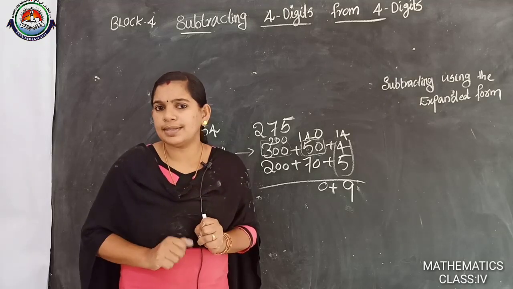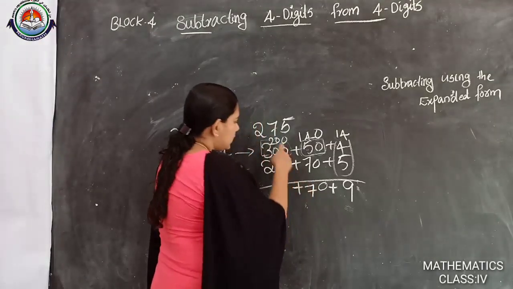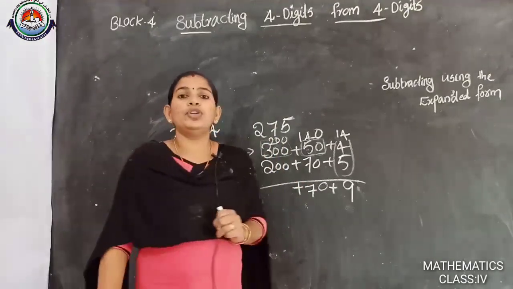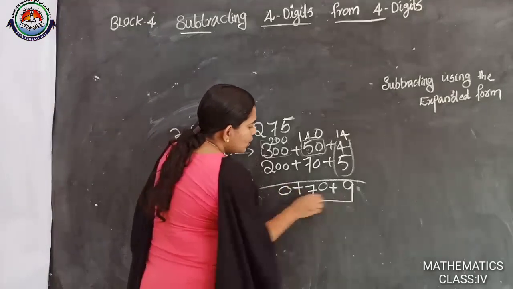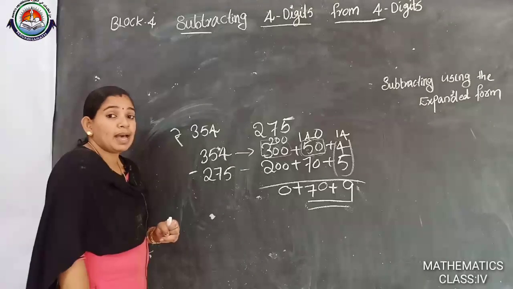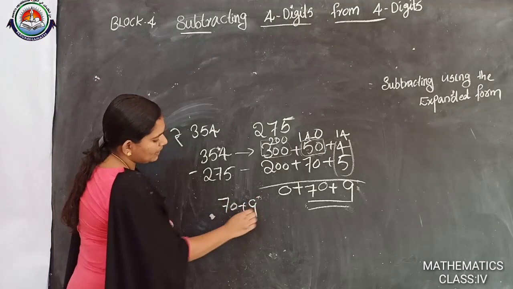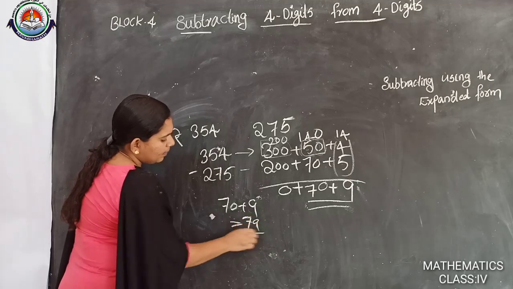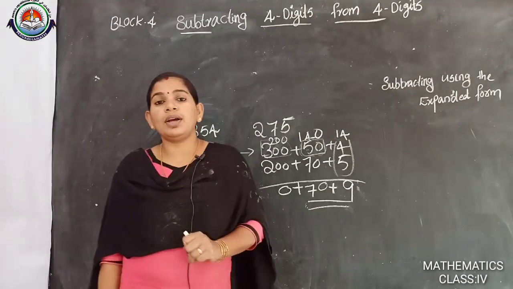How many fingers? Good, 7 fingers. So 70. Plus here 200 minus 200, good, 0. So how many rupees balance with me? 70 plus 9. What is the value of 70 plus 9? 79. Okay, 79 rupees with me.